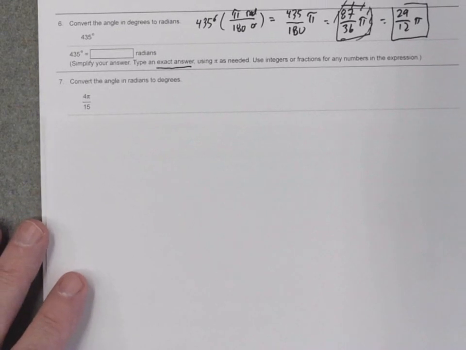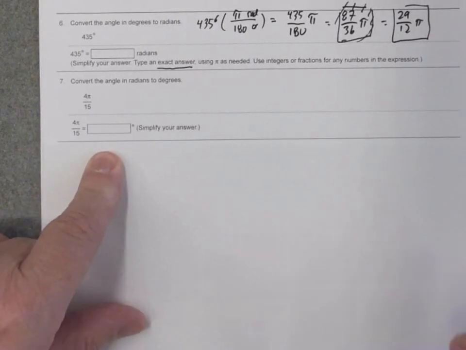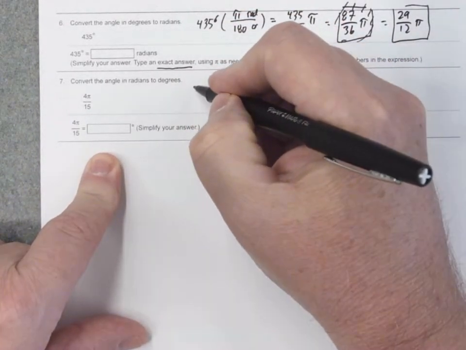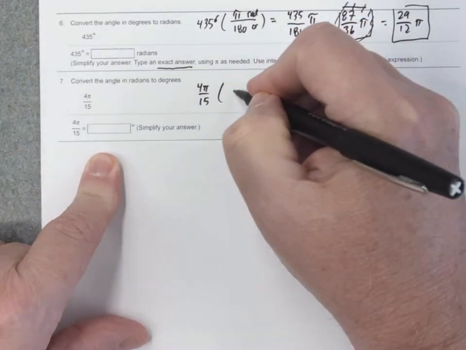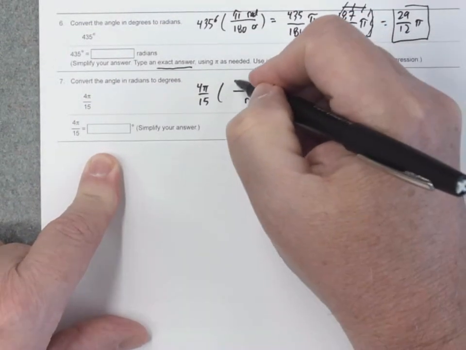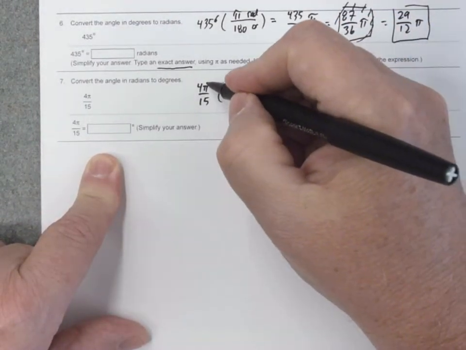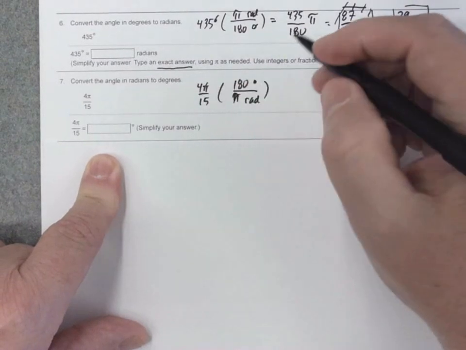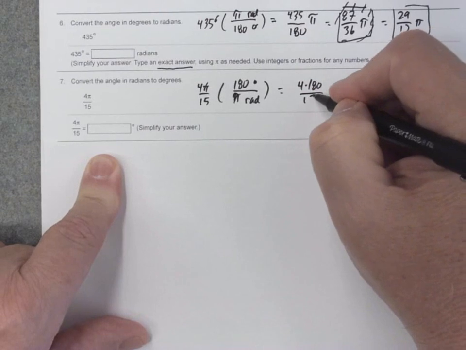All right, let's see what we have next. Another conversion. This time we're going from radians to degrees. Here's where you would type in the answer. Same idea, 4 pi over 15. My unit fraction, since I'm starting with radians, has radians on the bottom and degrees on top: 180 degrees in pi radians. In this case, the pi's cancel out, so I'm left with 4 times 180 over 15.